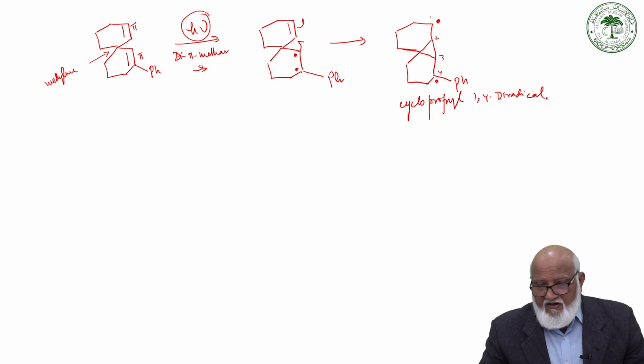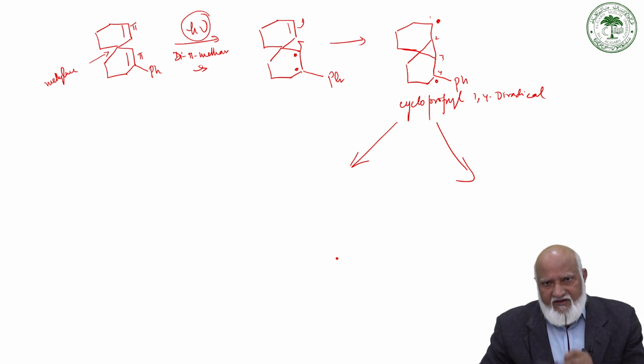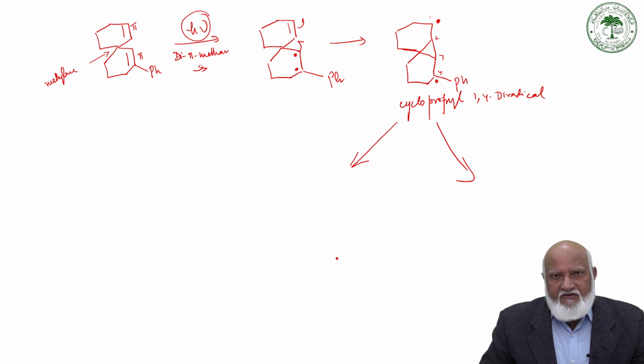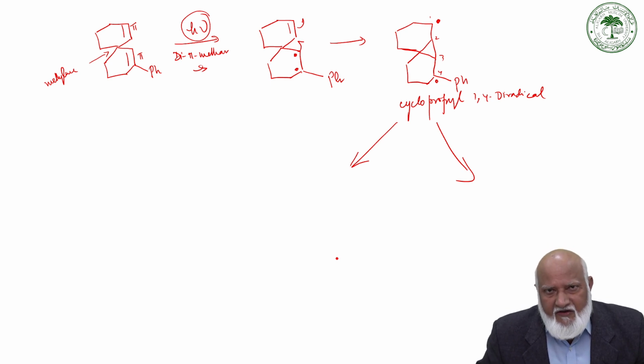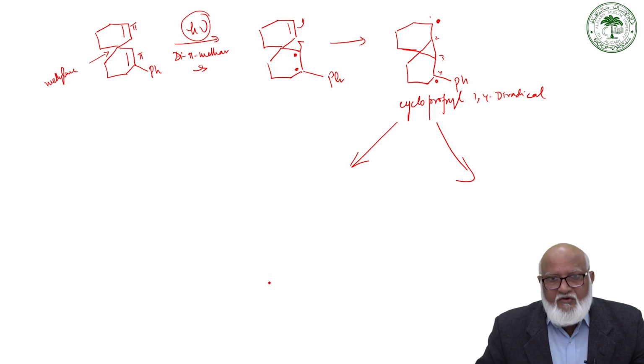Now, this is the main intermediate which leads to the product. As in the examples we have discussed, the radical which is more stable is not going to form the double bond.